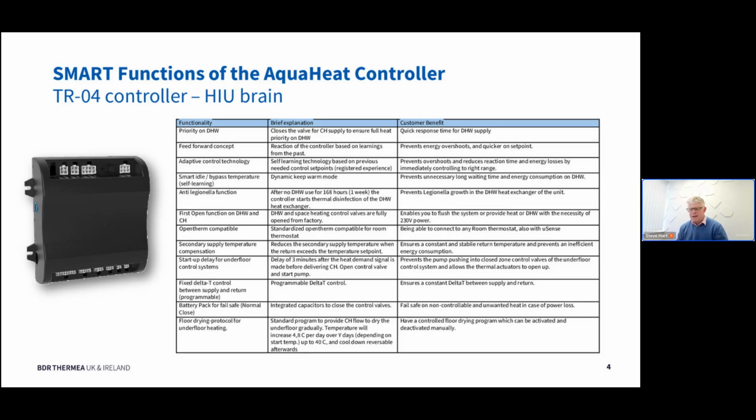Other things in there, a secondary supply temperature compensation, and that ensures when it's activated that we have return temperature limitation, which can be very important, maintaining those low.